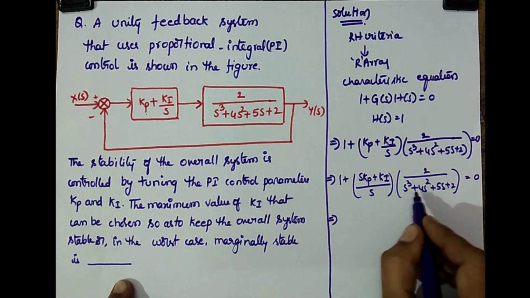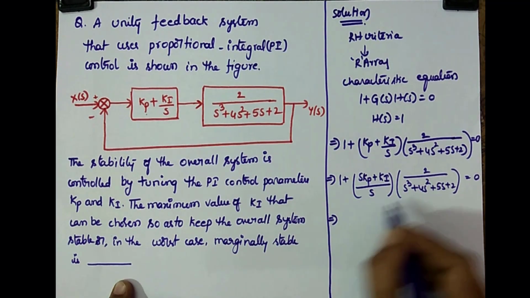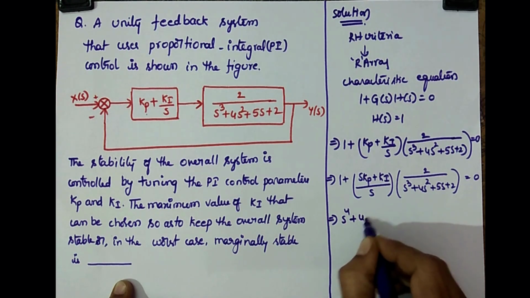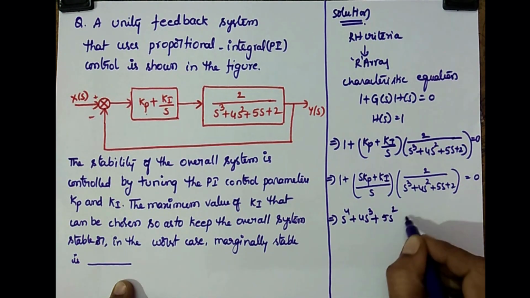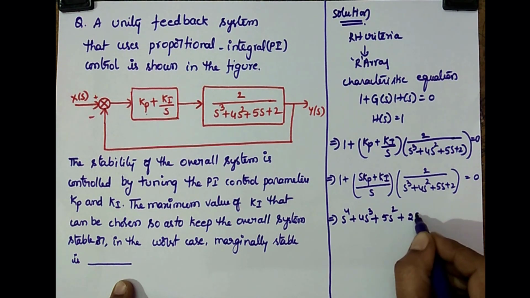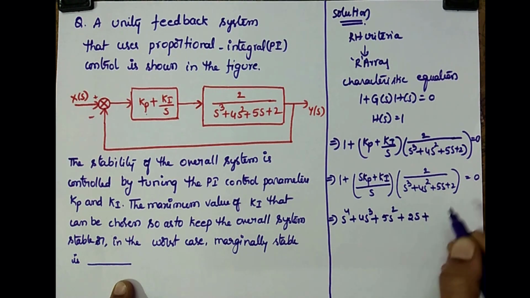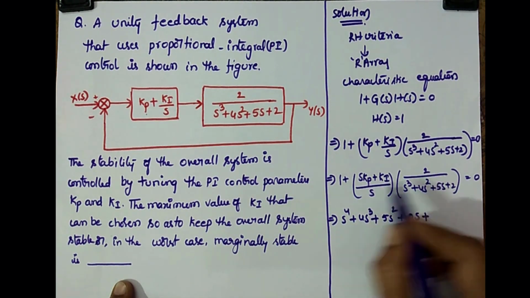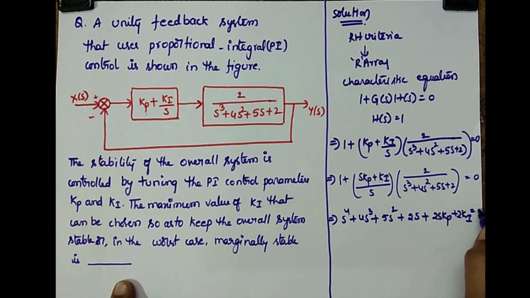Simply take the LCM and multiply. s power 4 plus 4s cube plus 5s square plus 2s plus 2 s Kp plus 2 Ki is equal to 0.